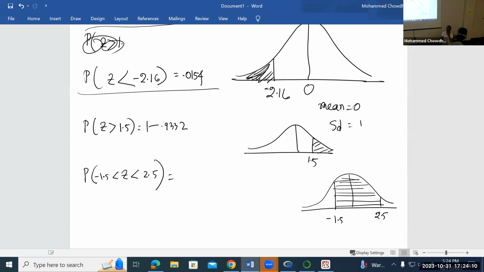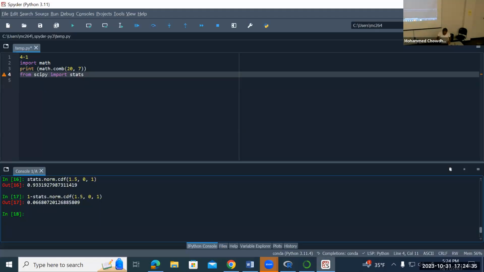Tell me, how can I compute that? Yes, take 2.5 minus 1.5, right? So what she suggests is that I subtract this from the entire area. So she suggested to subtract.